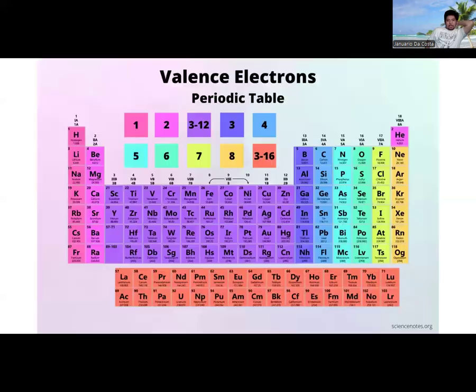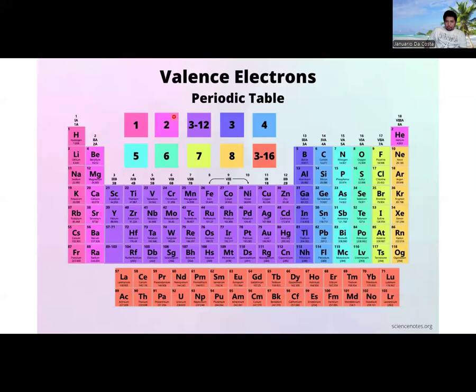So this is a periodic table that uses color to indicate how many valence electrons each atom has. For example, this color over here corresponds to this color, so it has 1 valence electron. This color over here is the atoms with 2 valence electrons.